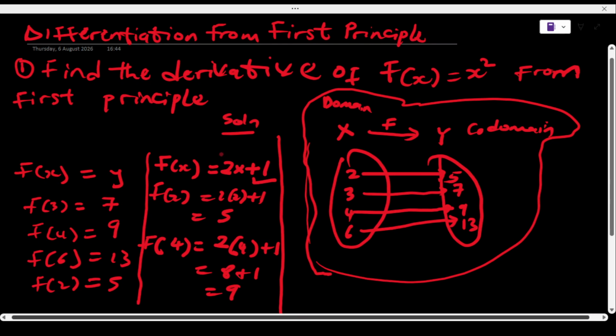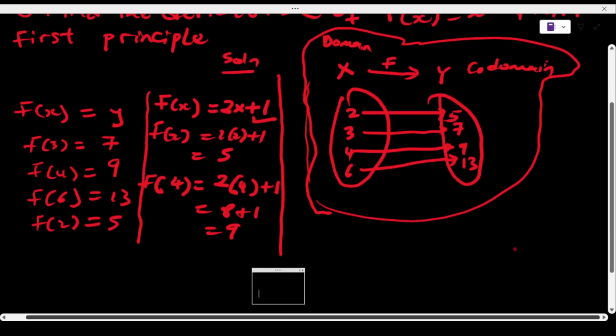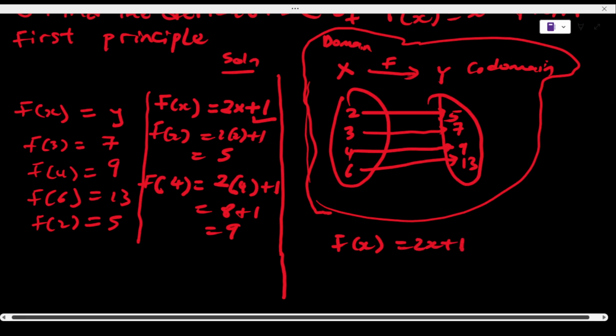Now, what we really want to talk about here is not something that is very long. So this f of x is equal to 2x plus 1. This one provides the image, while this one is the function of x.